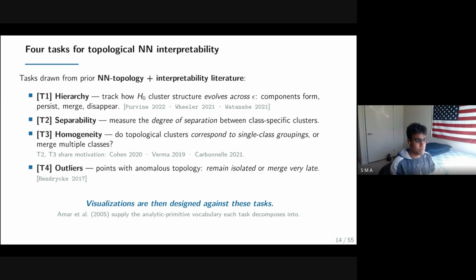For example, you could see a polar bear in an environment which is not cold, and the model might classify the polar bear as a grizzly bear. So we should also look at these outliers, and the visualizations that we designed are against these tasks. You can look into these studies to learn more about these tasks and how they were formed.